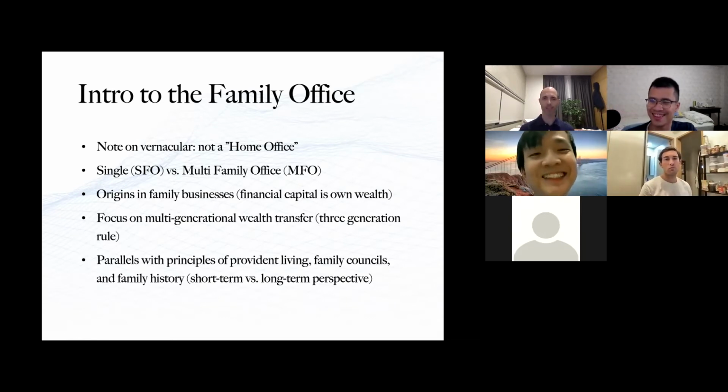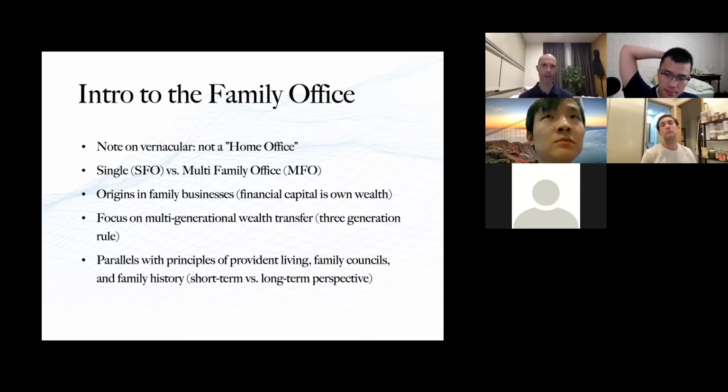A family office is really referring to what I'll be speaking about during the presentation. So they're two different things, but for some reason, some people associate family with home and they get the two confused or conflate the two. So just one note on terminology that I hear sometimes from folks who are maybe outside of the industry.